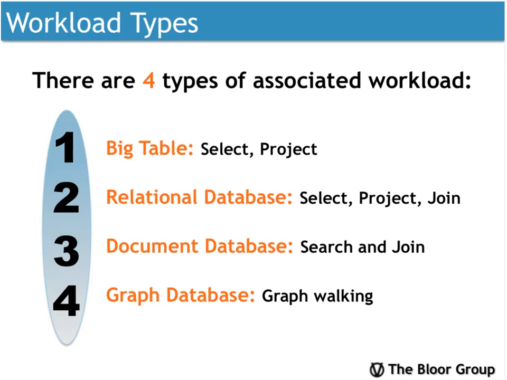The document database is not so much select and project anymore. You're doing searches and joins in document databases, and that's what a relational database can't do that a document database can, and that explains the popularity of products like MongoDB, because they are homed in on hierarchical document stores. And then you've got the graph database, which is really interesting because it's entirely different.